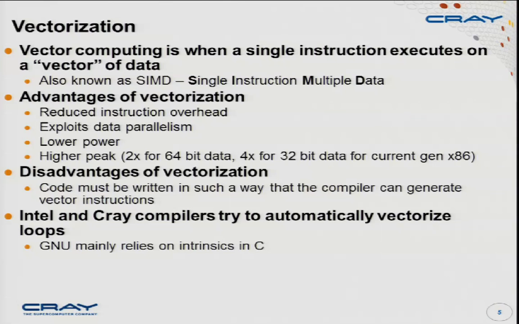Neil, you're shrugging. You're looking at it. It does vectorize? But it can vectorize. Okay, if you raise the optimization level high enough, it can vectorize.